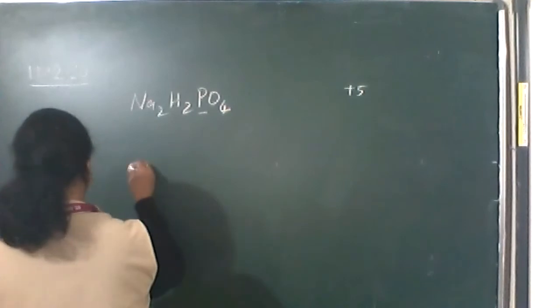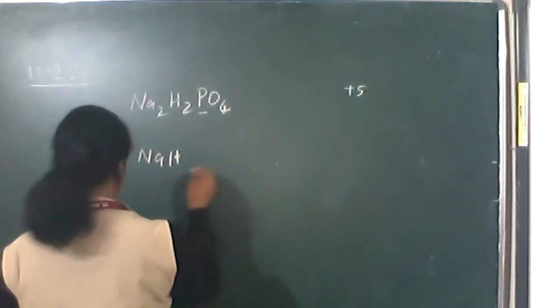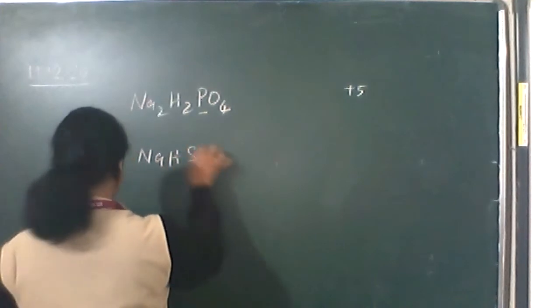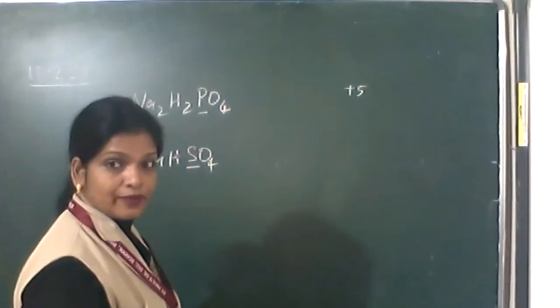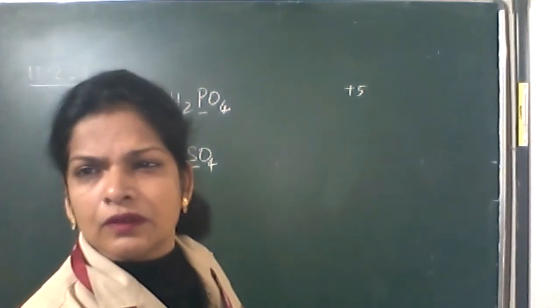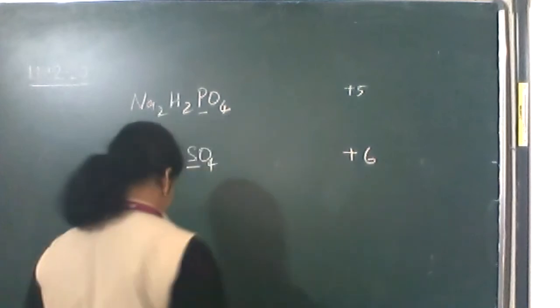Next. NaHSO4. You have to find out S. You find it and check the answer: S is plus 6.